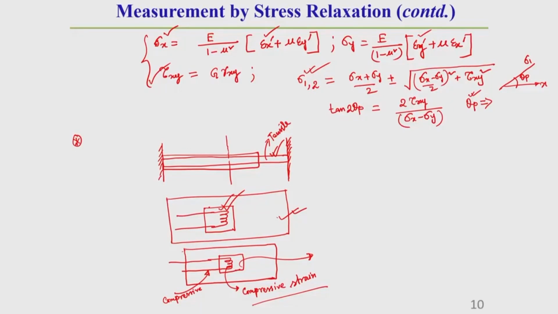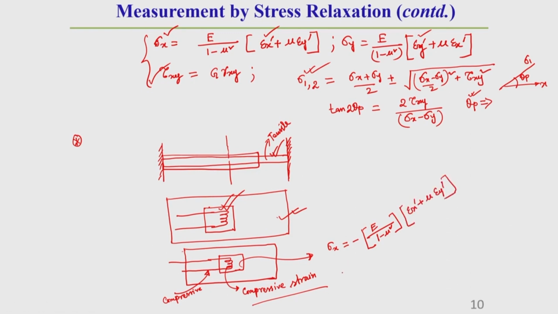Sigma x will be minus E by 1 minus mu squared into epsilon x dash plus mu epsilon y dash.